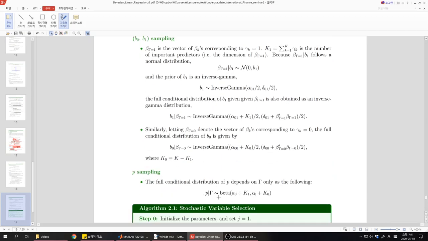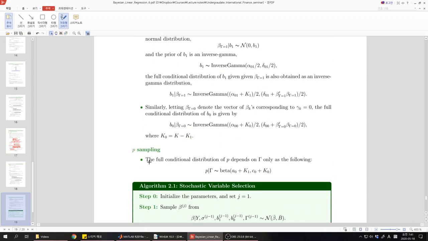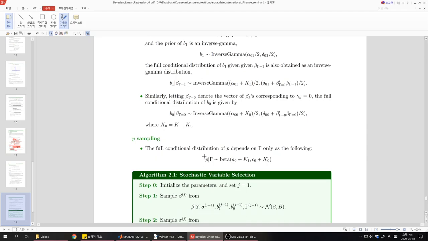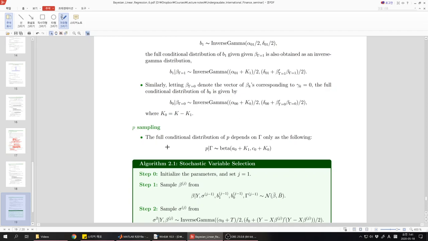And then finally we need to discuss sampling p. Previously it was fixed at 1/2. Now we are sampling p. This is very simple. So please try to derive this full conditional distribution by yourself. This is not difficult, okay.